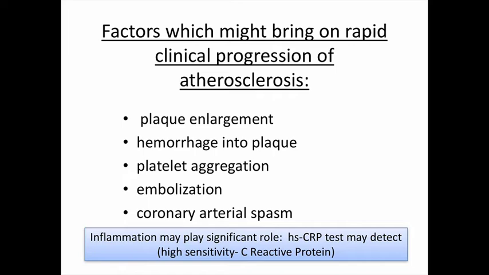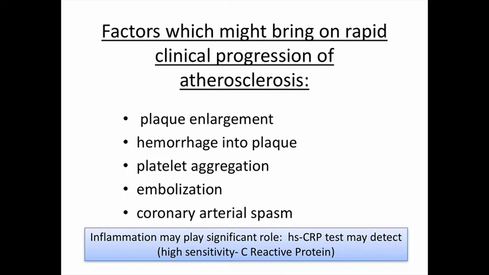To that end, they are doing more standard testing for inflammation. One test that's being utilized with a much higher frequency is a high sensitivity C-reactive protein, or HSCRP. You can just do a C-reactive protein, or you can do the high sensitivity C-reactive protein. For coronary artery disease, the high sensitivity C-reactive protein is the one that's preferred.